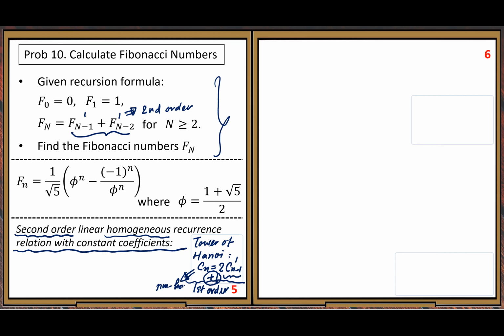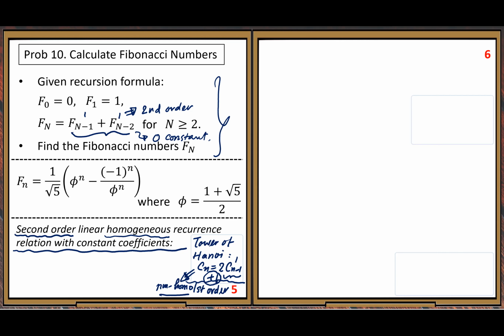And look at here, the constant part is 0. For an equation, when the constant part is 0, we call it a homogeneous equation. So this one has that homogeneous property.